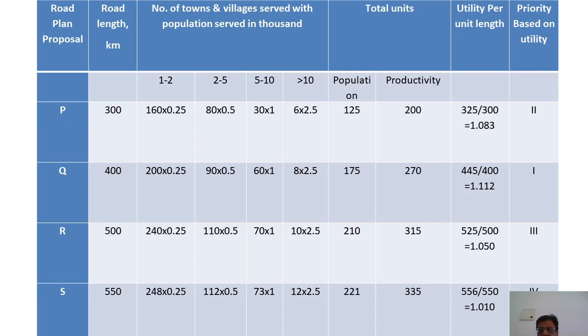So that's why we mention it as 1. Here 1.083 is second, third 1.05, and 1.01 is the last one. So the order of priority is, first one is Q, second one is P, third one is R, and the fourth one is S. So Q, P, R, S is the priority.